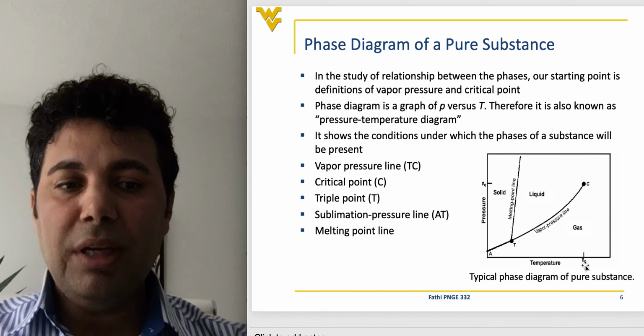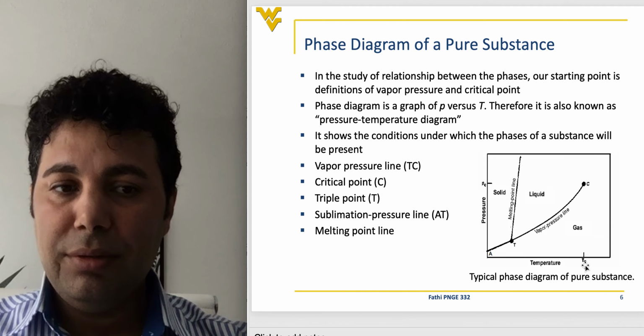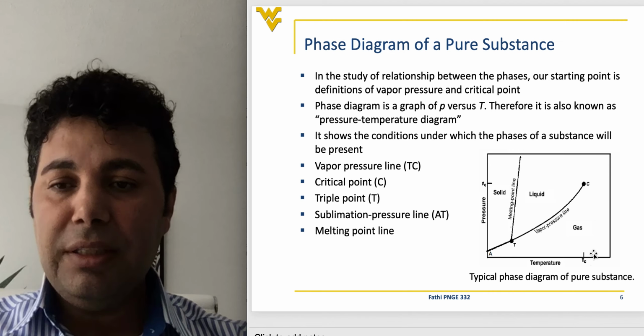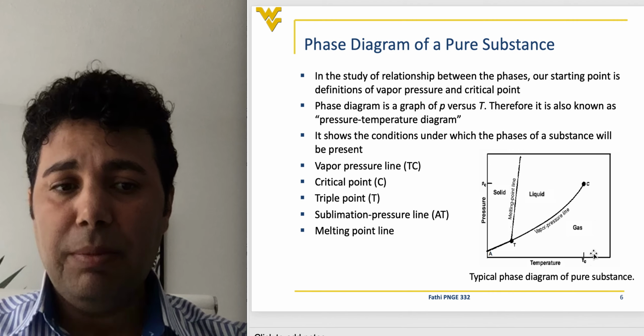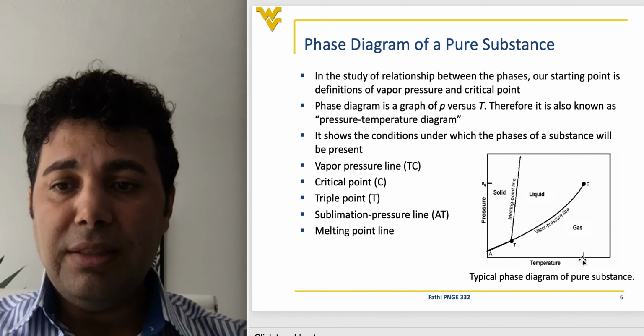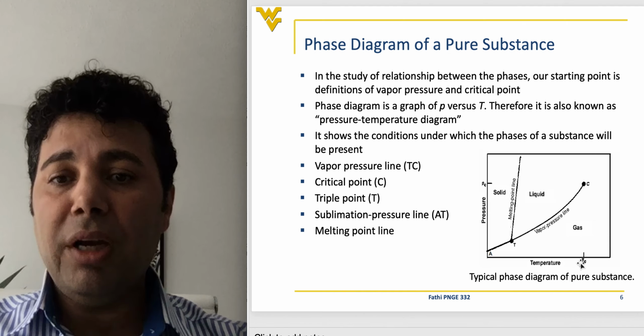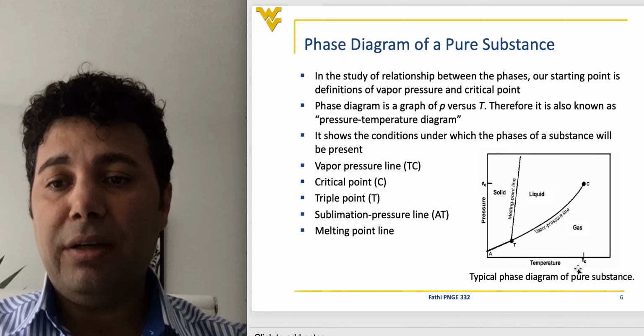The critical temperature is a temperature above which we cannot liquefy gas no matter how much pressure we apply. Okay, so as I said, let's say if this is methane, the critical temperature of methane is minus 116 degrees Fahrenheit.